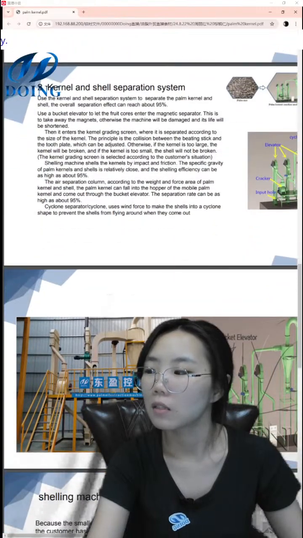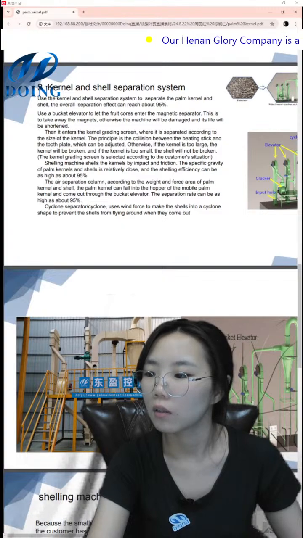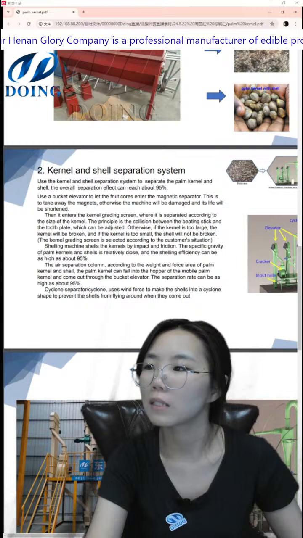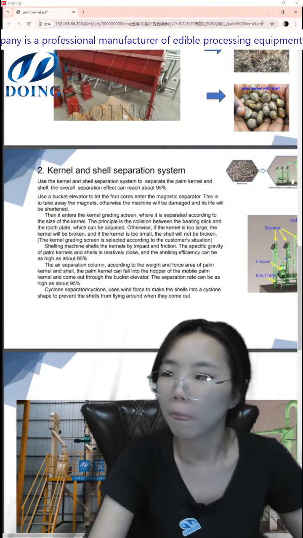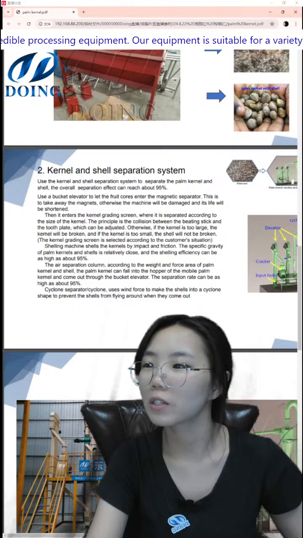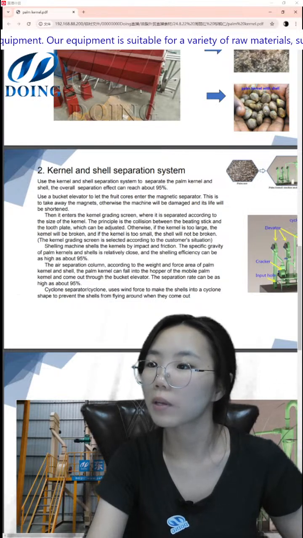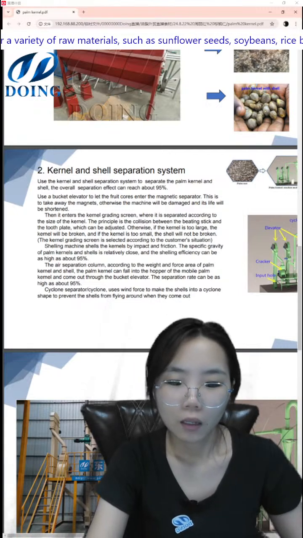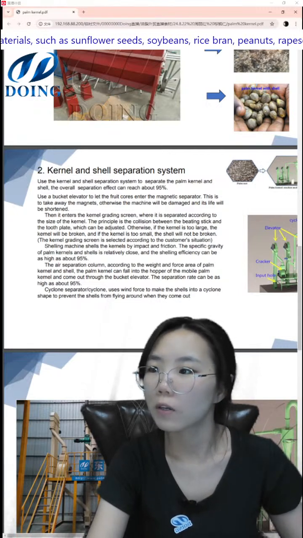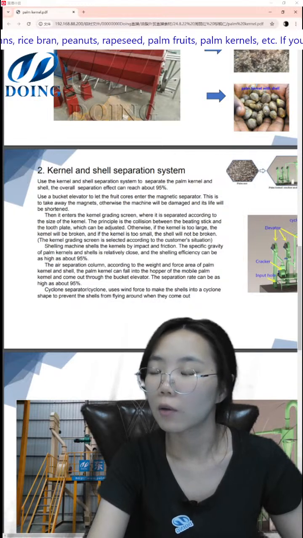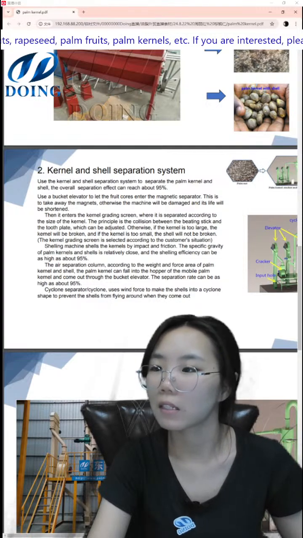We use the kernel and shell separation system to separate the palm kernel and shell. The overall separation efficiency can reach about 95%.